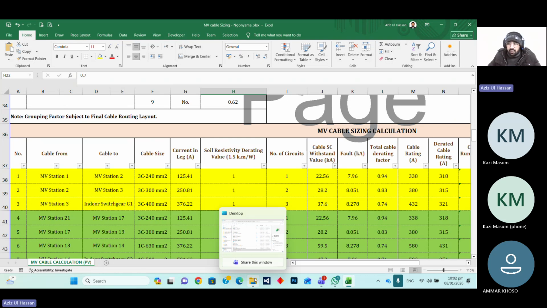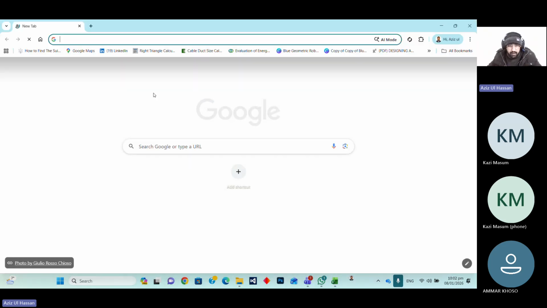Basically, I will share some short screen layouts in the group for your information. When we are doing the MV cable sizing, we have to loop in, loop out cable MV transformers. I will just search on Google if I find any block diagram.